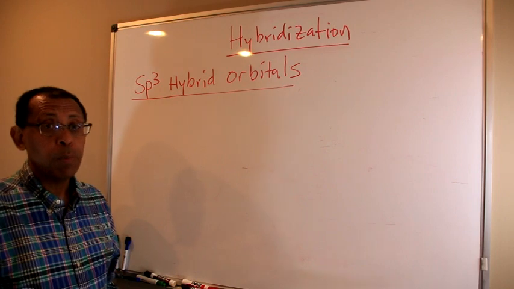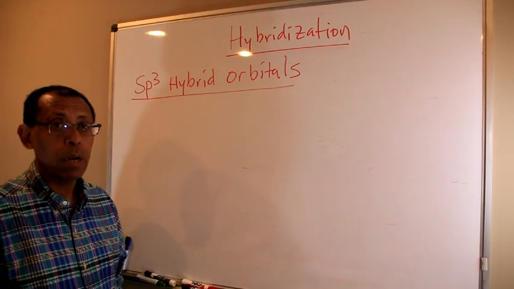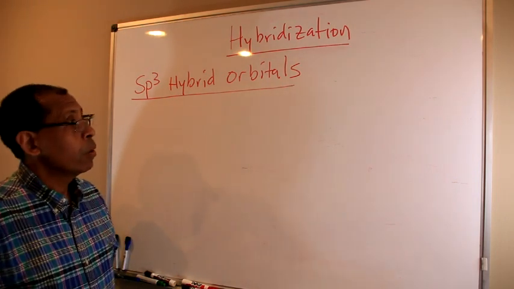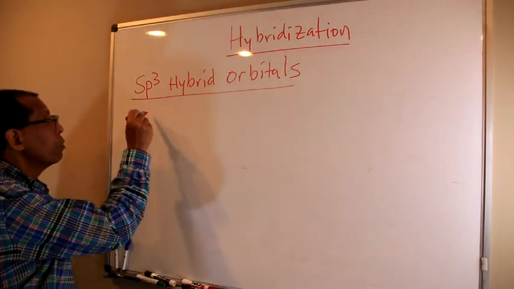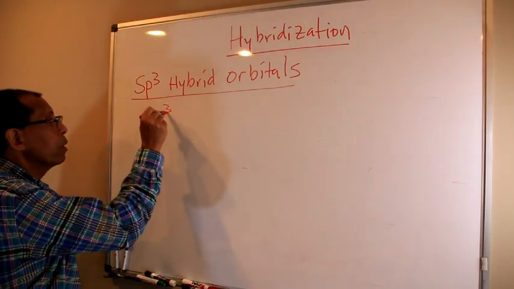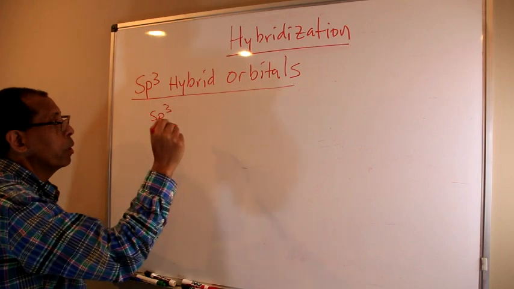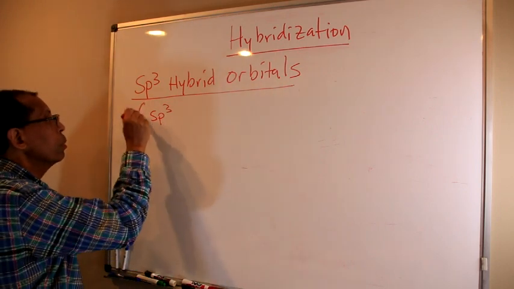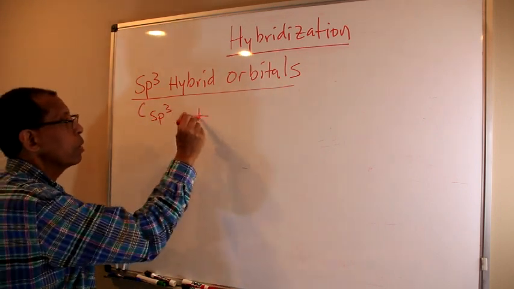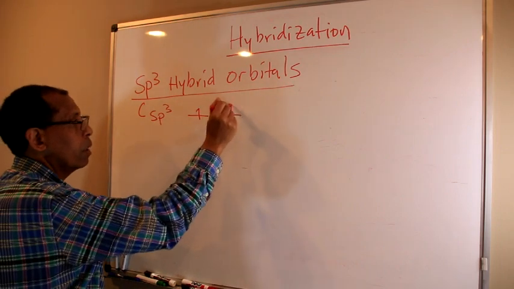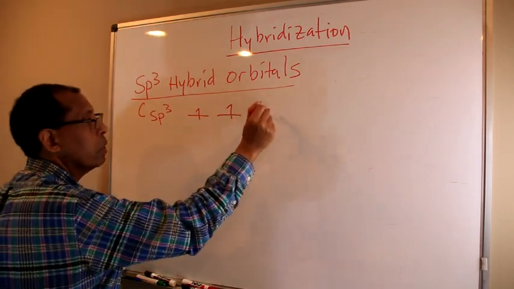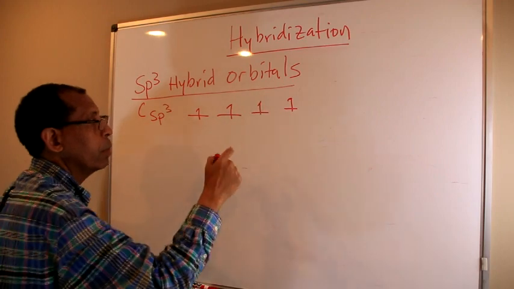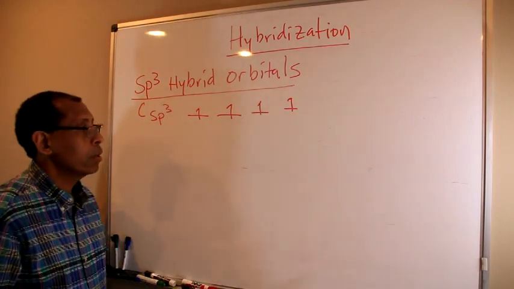Now we have the sp3 hybrid orbitals that are equivalent. As I already indicated, sp3 hybrid orbitals contain 1 electron each in carbon. Carbon with sp3 hybridized orbitals looks like this. The 4 of them are identical in energy, and each one contains 1 electron.